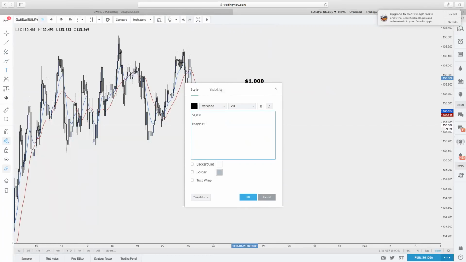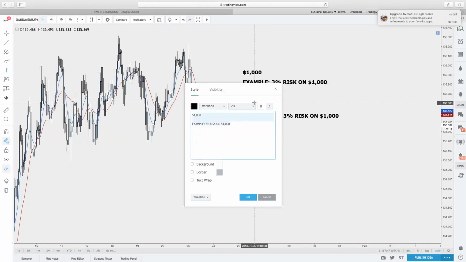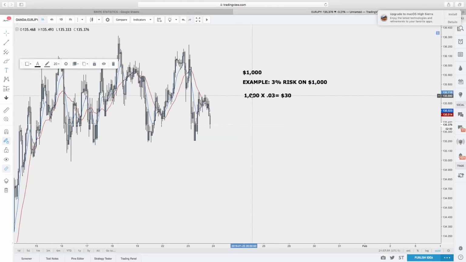So again, example, 3% risk on $1,000. What does that equate to? Well, we can take a calculator and type in 1,000 times 0.03, which gives us that 3% number, equal to $30. So now I can risk $30 per trade that I execute on my MetaTrader 4 per signal.